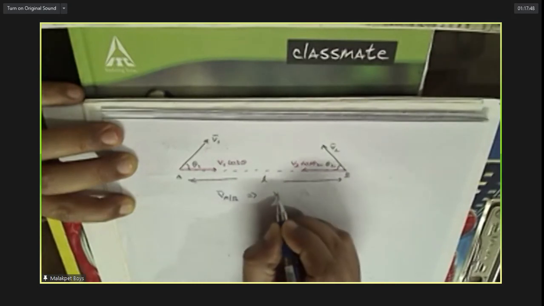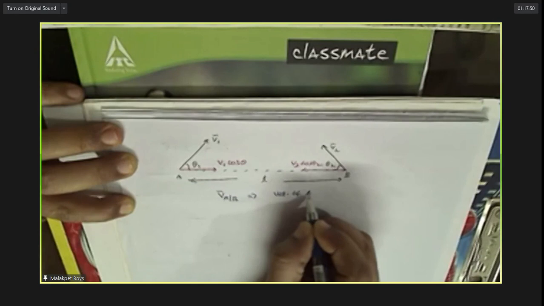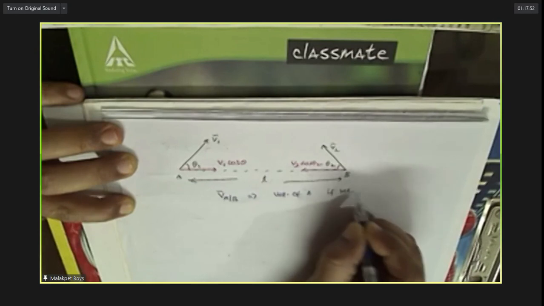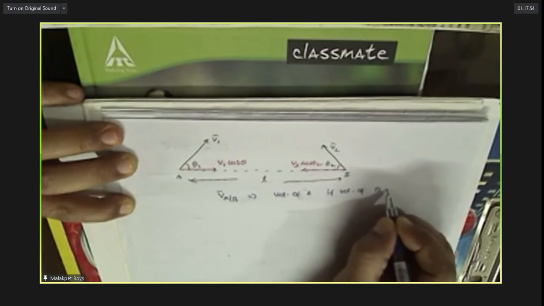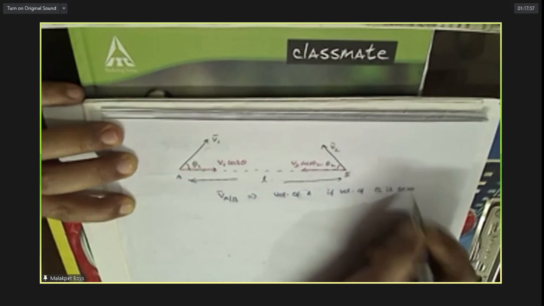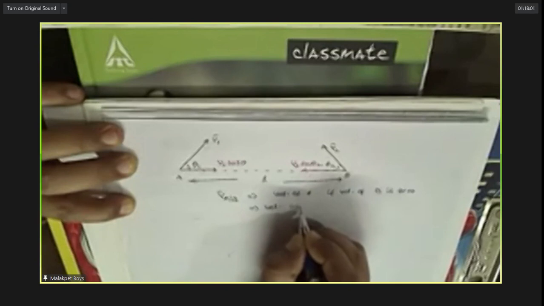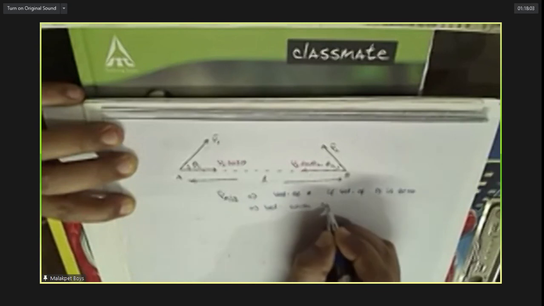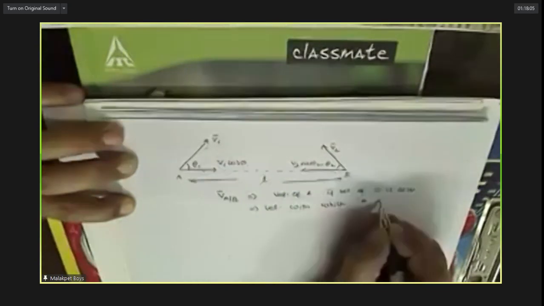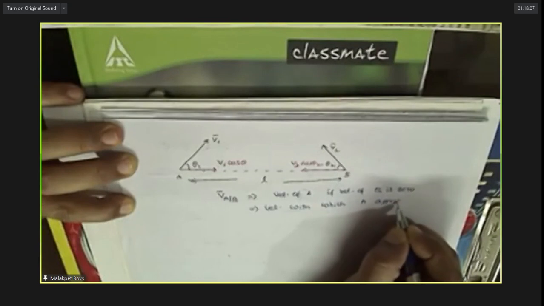Now if I take velocity of A with respect to B, what is the meaning of this? Velocity of A if velocity of B is 0. That means the velocity with which A approaches B. Do you agree?